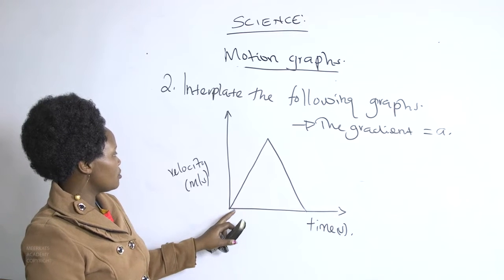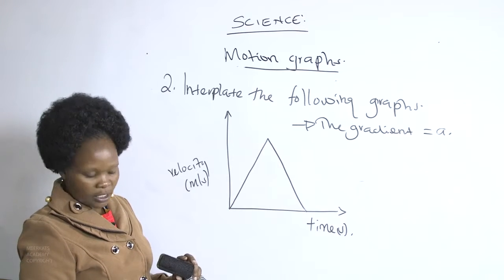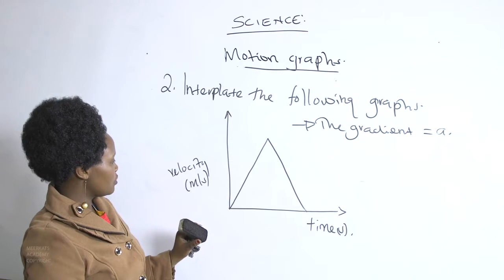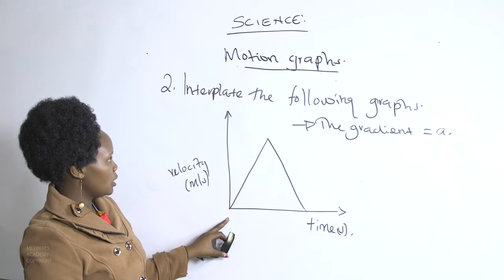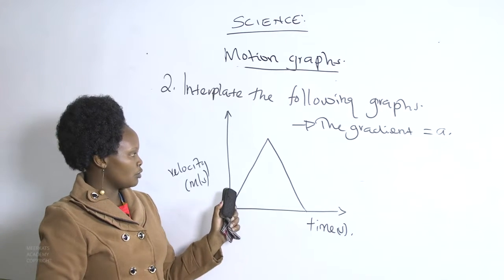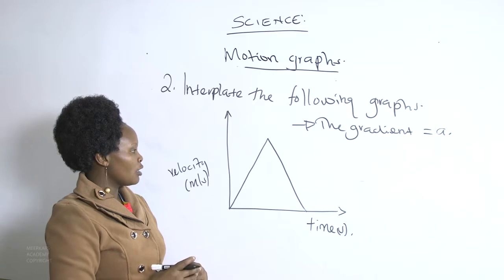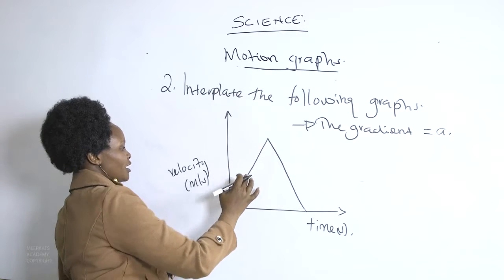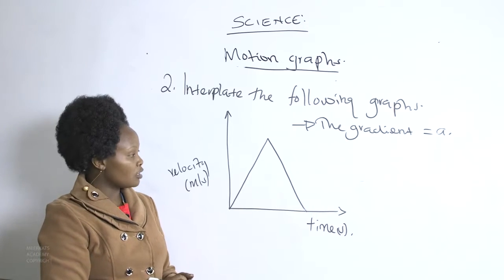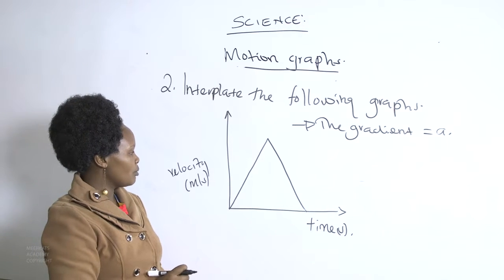Now, the first bit of the graph shows a positive gradient that is very uniform.